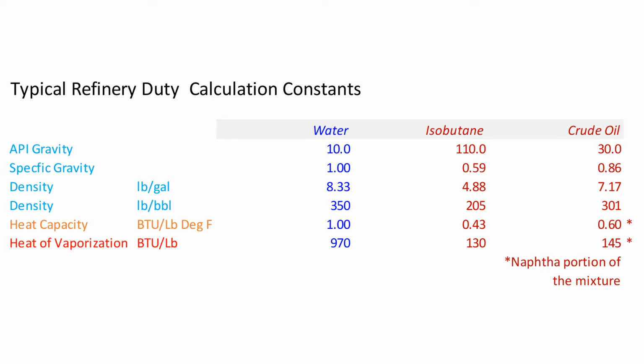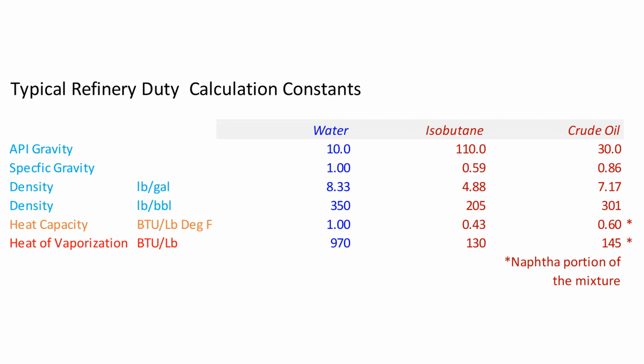The two other streams that I have described here are isobutane and crude oil. Isobutane is here because that's going to be part of our example that we're going to go into in depth, and crude oil, and they have very different heat capacities and heats of vaporization. So the heat capacity is typically about a half of what water is.